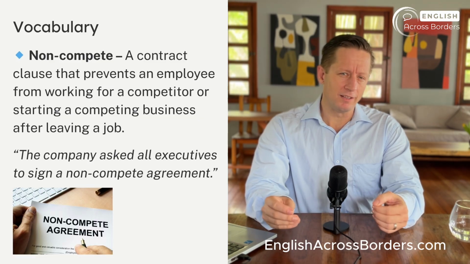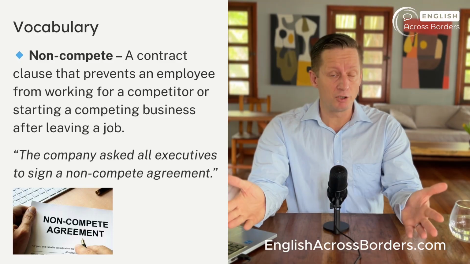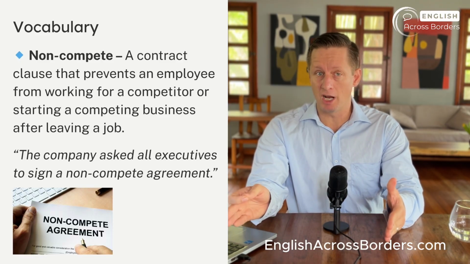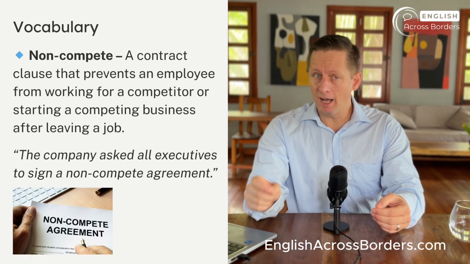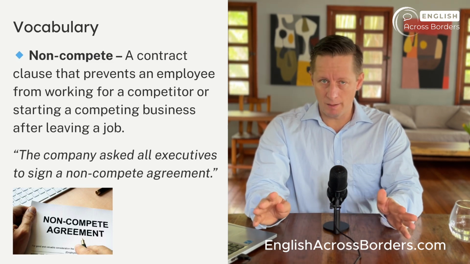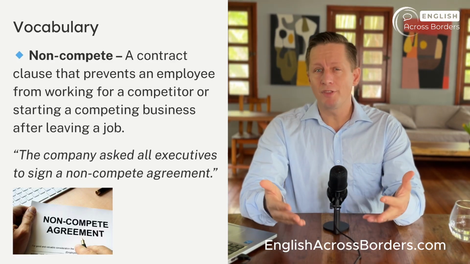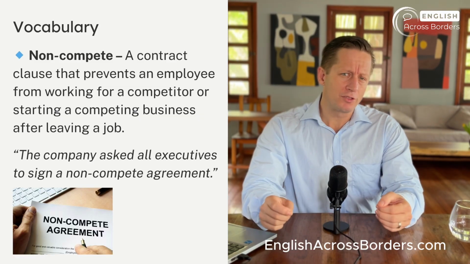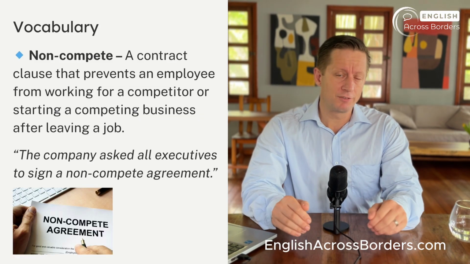So, if someone says the company asked all executives to sign a non-compete agreement, it means those executives agreed not to take similar jobs or open competing firms, usually for a certain time period and within a specific location. These are very common in the United States, especially for higher level employees or people with access to confidential information. Employers use them to protect trade secrets, client lists, and competitive strategies.